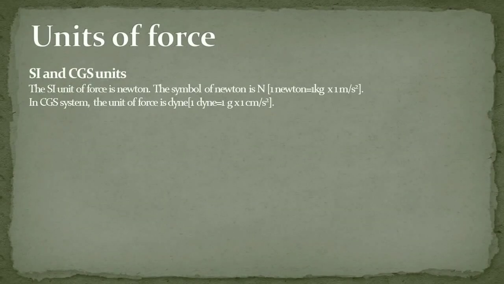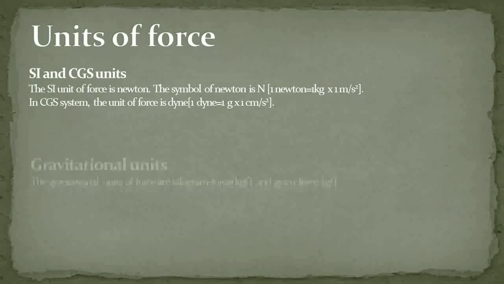So after describing the force, now we will see the units of force. The SI unit of force is Newton, and the symbol of Newton is capital N, and 1 Newton is 1 kilogram meter per second square. Clear?